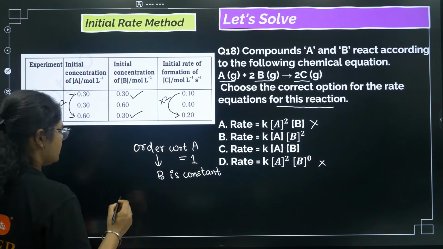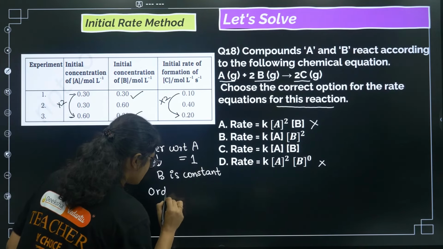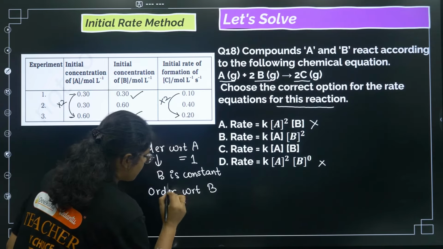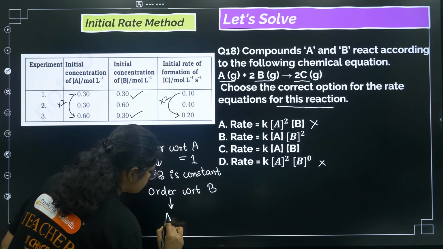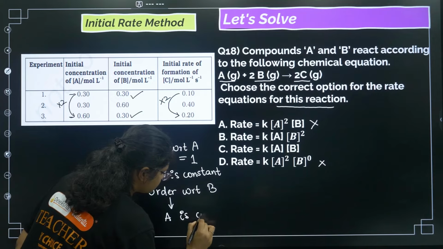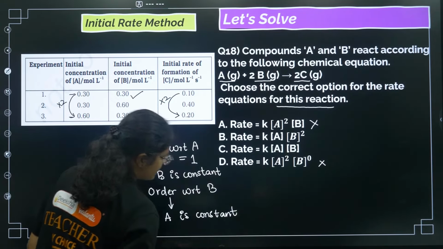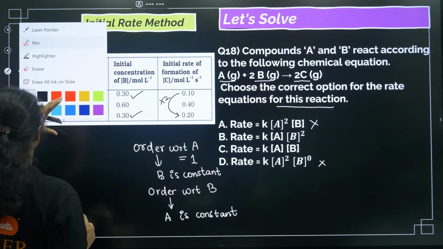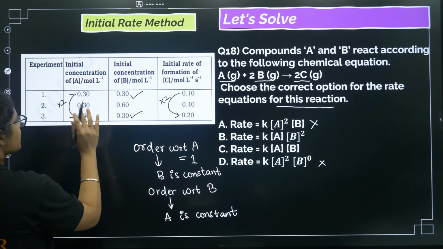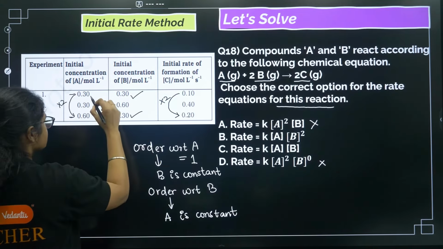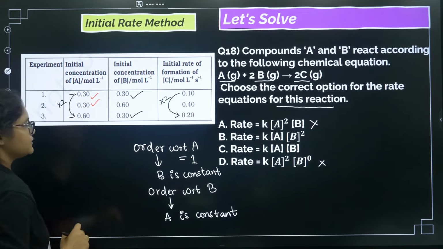Now I want to find the order with respect to B. If I want to find this, then what should be constant? A should be constant. Now if you see these two reactions, where A is constant? Here and here A is constant, right?